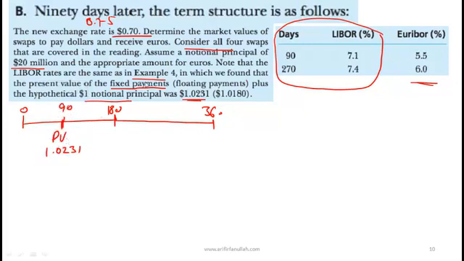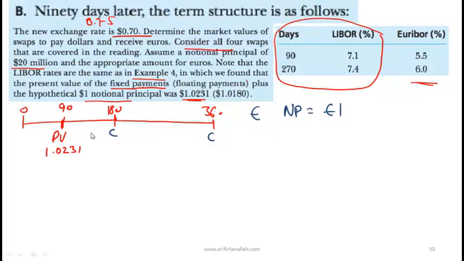For the euro, what is the present value of fixed payments over here? Let's take notional principal of €1. So assume notional principal is equal to just euro 1. So for euro 1, do you recall coming up with your C over here and here?